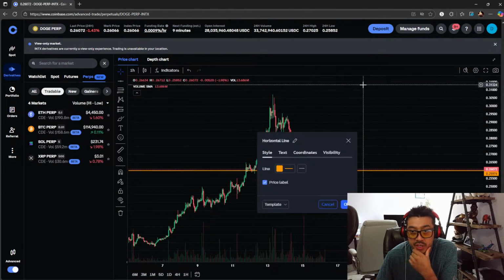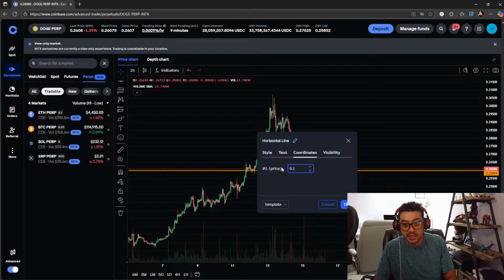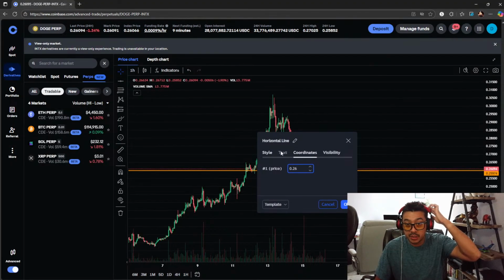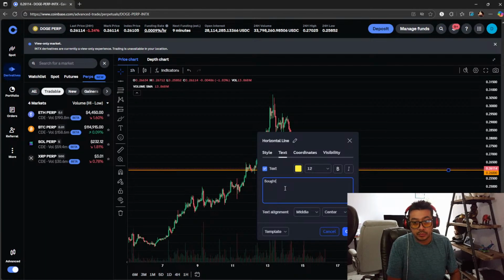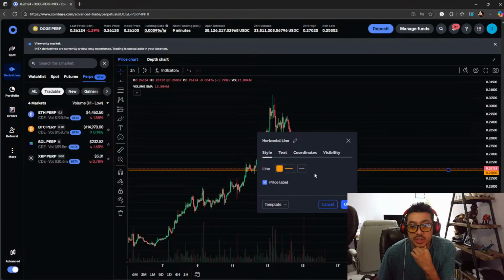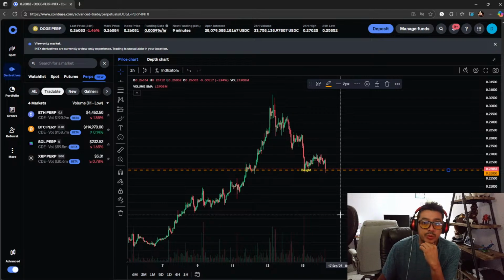Let's go to our settings. Coordinates. Bought it at 26 cents. Good. Visibility, text. Bam. We're going to put it in yellow. Put bought. Good. Style. I like to make it dashed. Beautiful. So that was our entry right there.